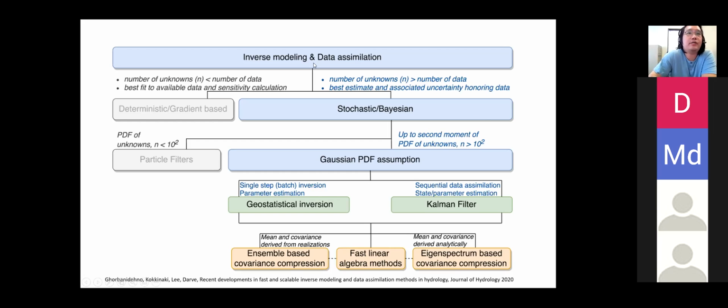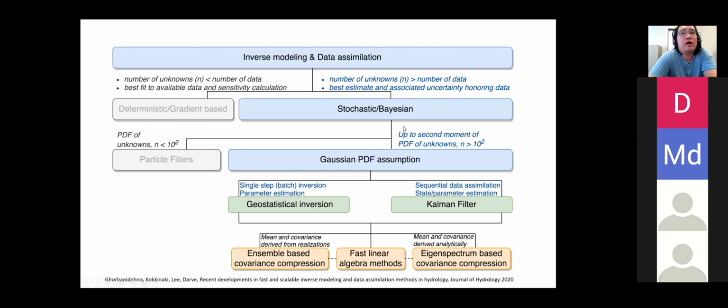But the idea is here. In inverse modeling and data simulation, the number of observations is usually really small in many cases. If the number of observations is very large, you probably don't want to do a risk-scale problem, maybe a deterministic kind of data simulation. Otherwise, you have to account for the uncertainty in a mostly Bayesian framework.